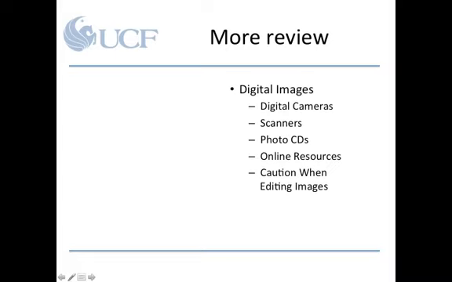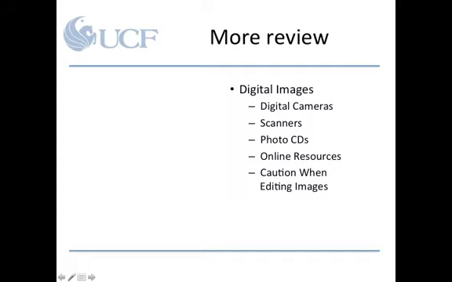And then there are also a number of ways of acquiring digital images and visuals. One would be through digital cameras, simply taking pictures, using scanners of hard copied images, so if you find something in a textbook or something along those lines, photo CDs, using online resources.